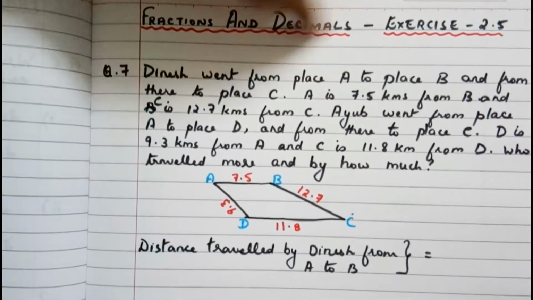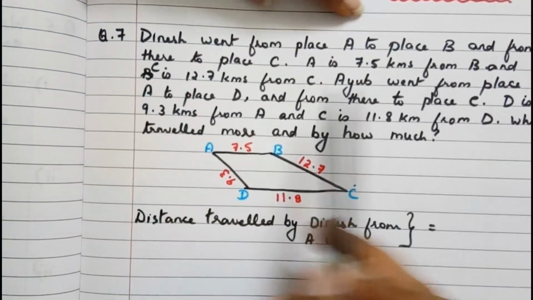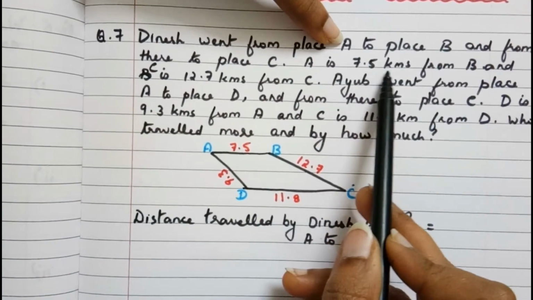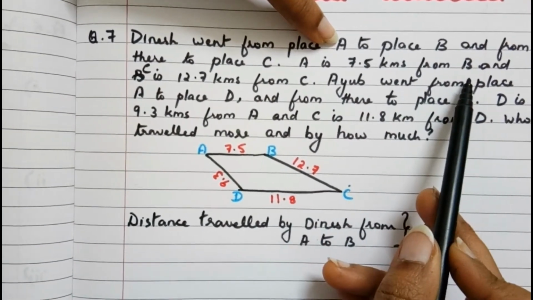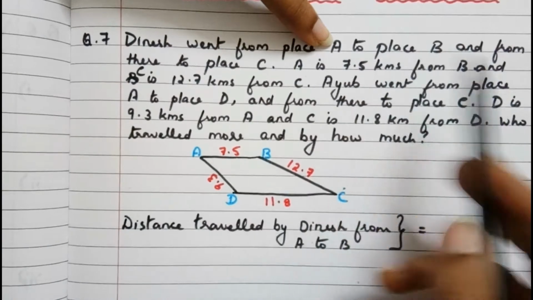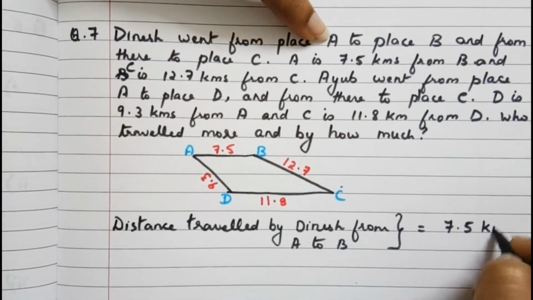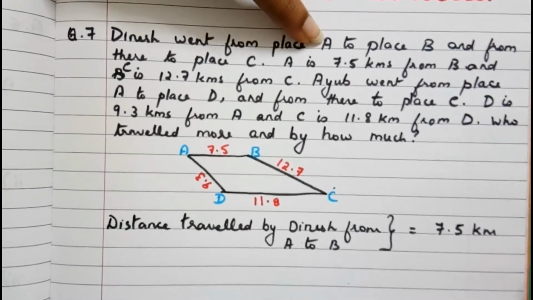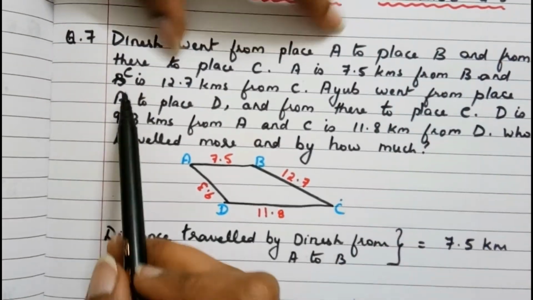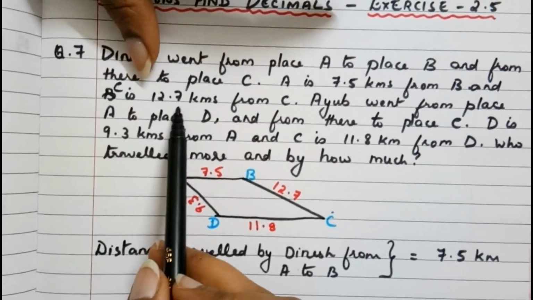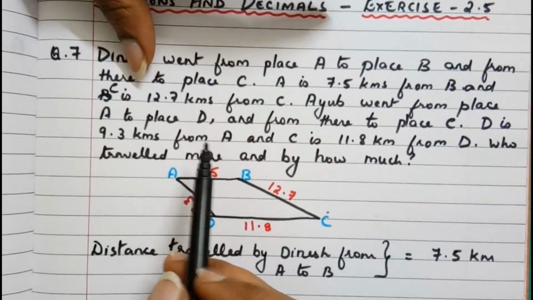What is the distance travelled? A is 7.5 kilometers from B. So since he travelled from A to B, how much distance did he travel? 7.5 kilometers.